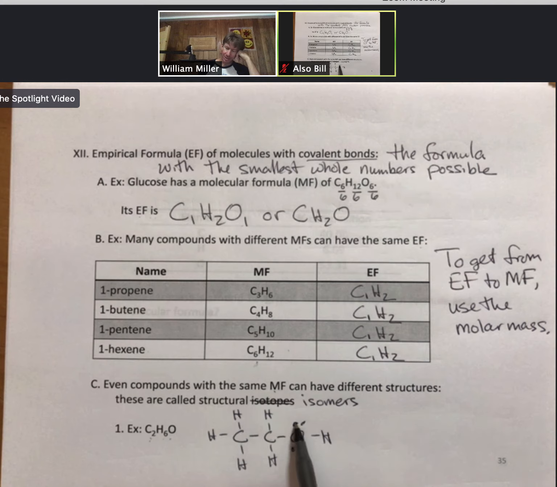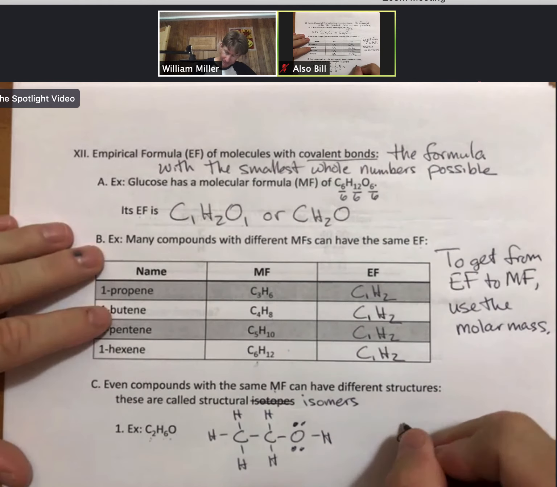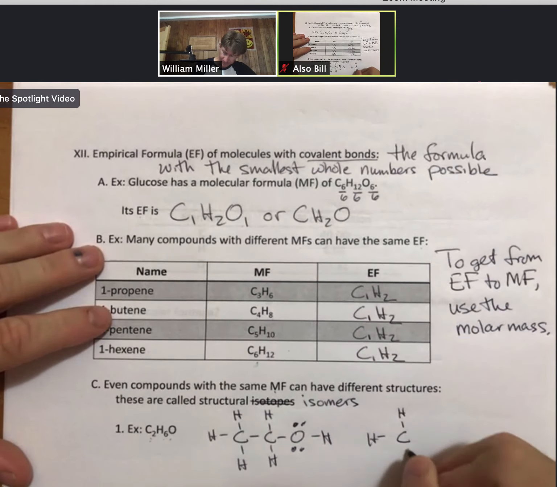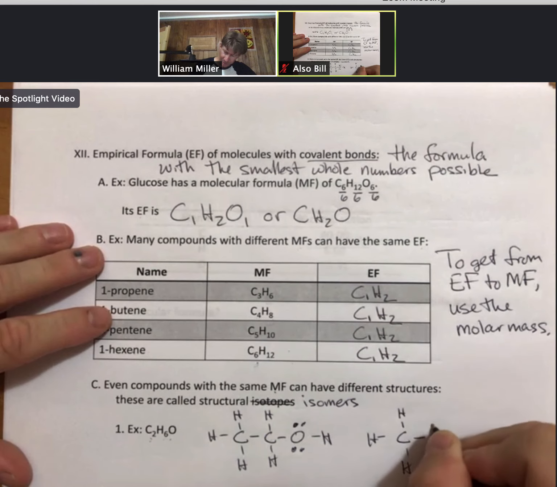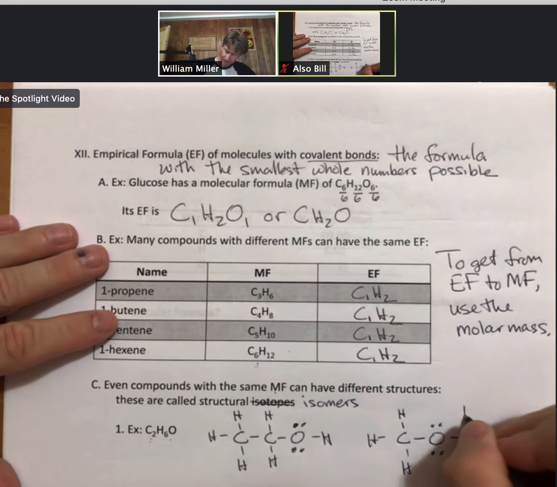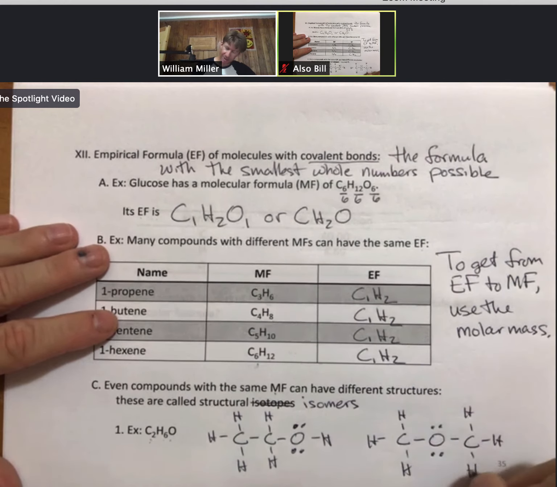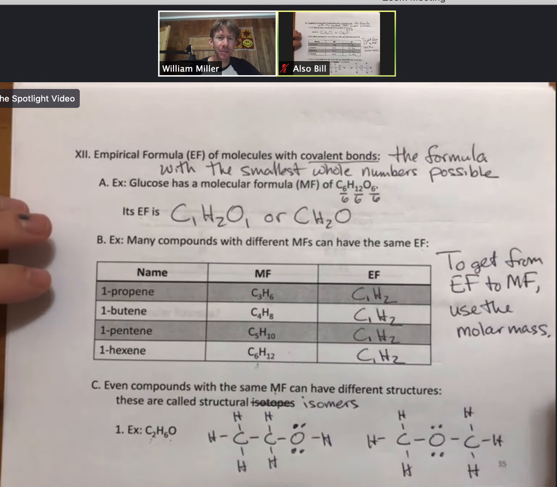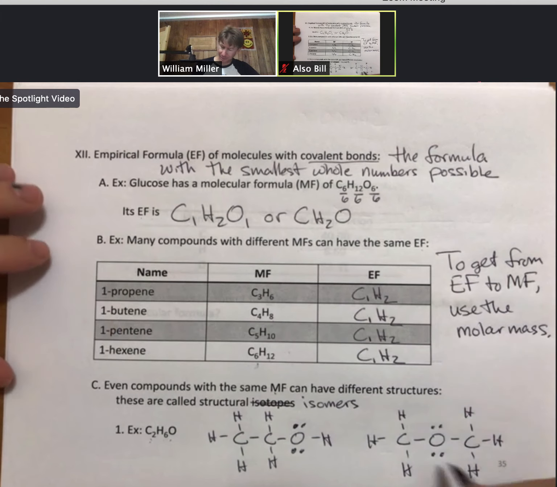And the oxygen has 2 pairs of dots, which we will see to be electron pairs later on. But if you rearrange the same atoms, so you still have C2H6O, you can get a different arrangement.